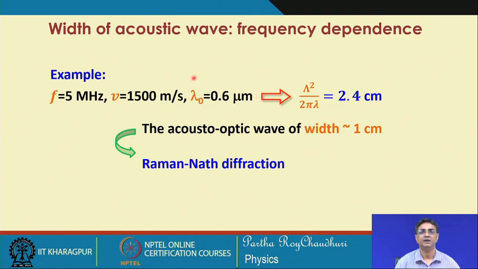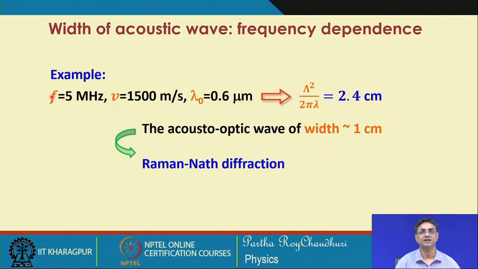And if you use a light wave of wavelength 0.6 micrometer, which is close to the wavelength of the helium neon laser light, which is 0.6328 micrometer, so we have taken a round figure number, then one can show that capital lambda square by twice pi lambda is close to 2.4 centimeter. It is not exactly equal, but it will be close to 2.4 centimeter. So, that defines the width of the acoustic wave, that is the L.